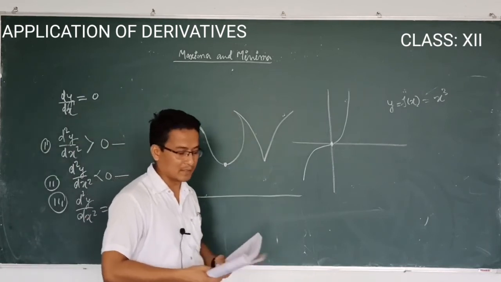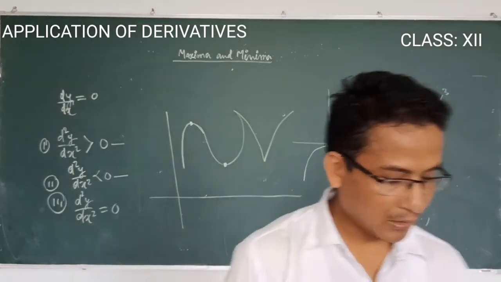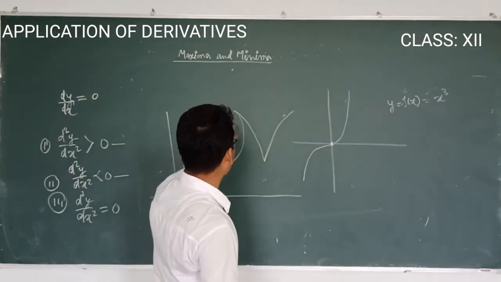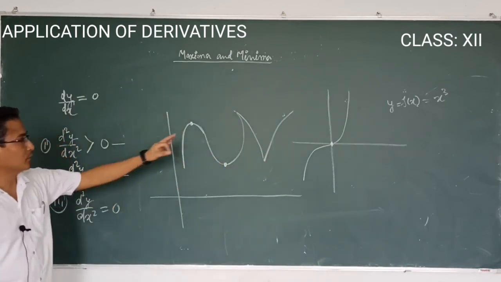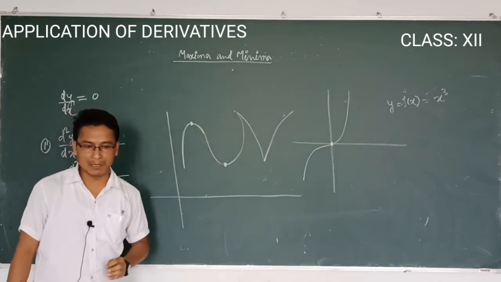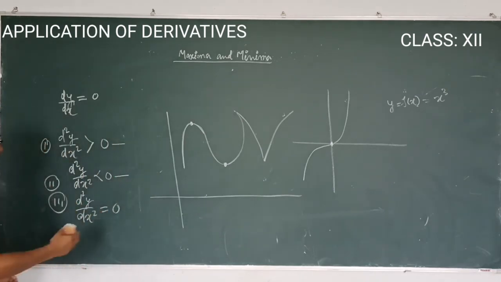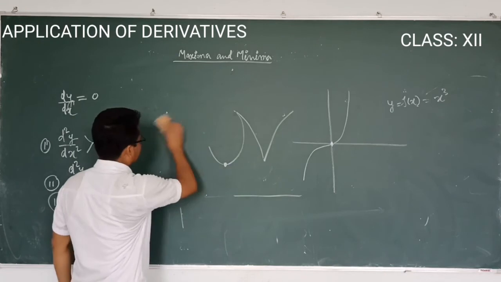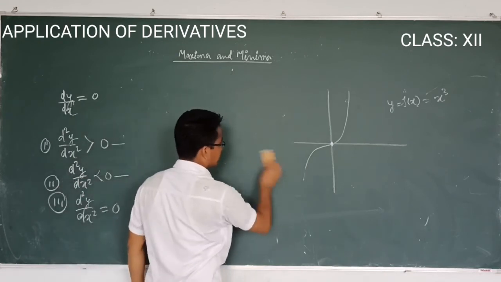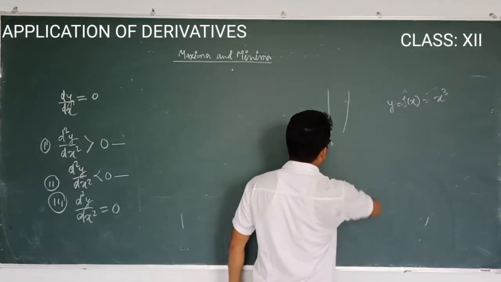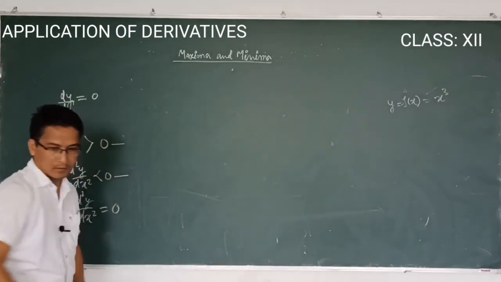So in that case we will use another method to find the maximum and minimum at this type of point. We are unable to find the value with the help of dy/dx. Clear?